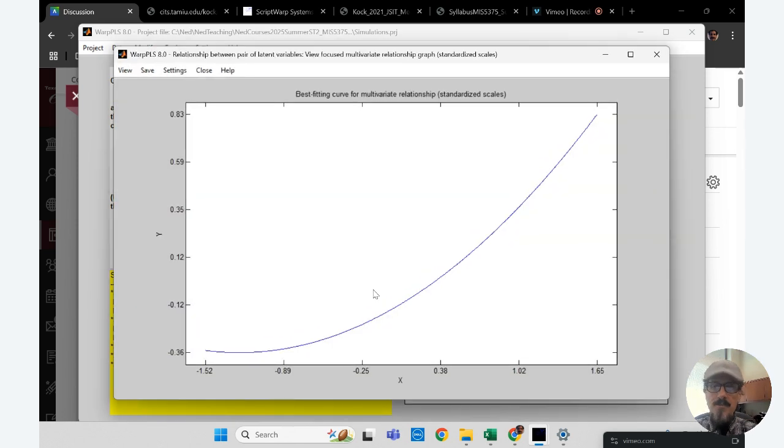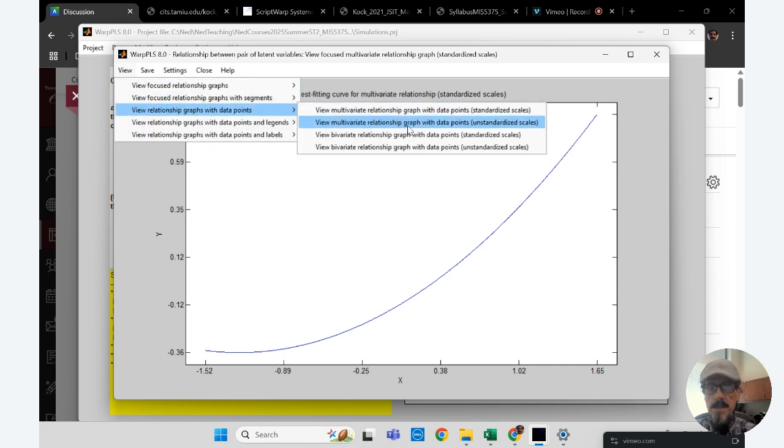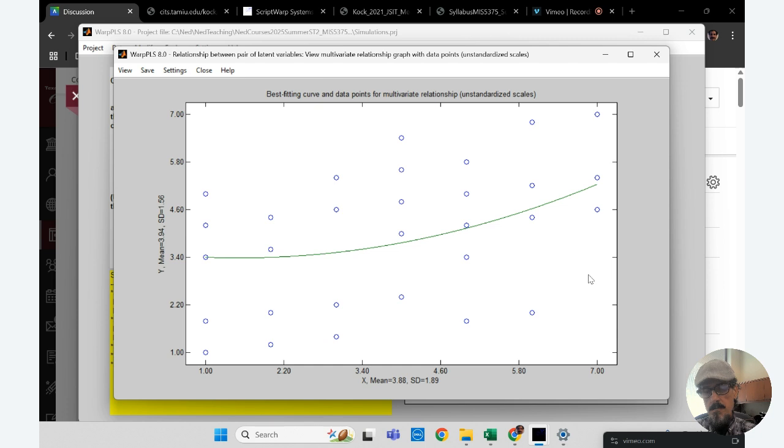What the software is doing here is actually modeling error as part of the relationship. That's the problem, and this problem becomes more severe as the sample size goes down.